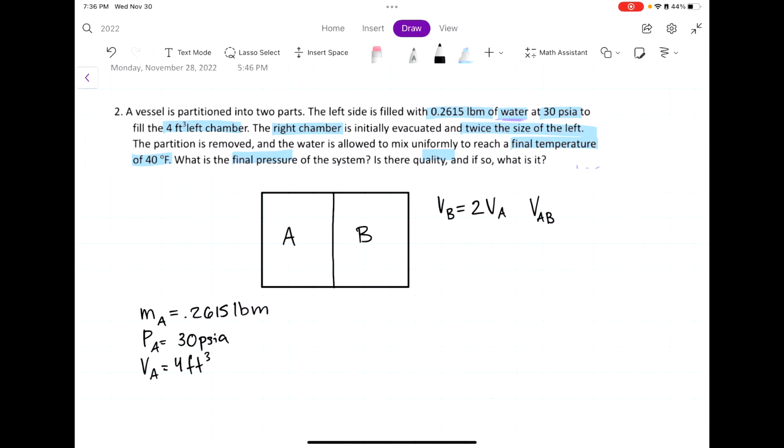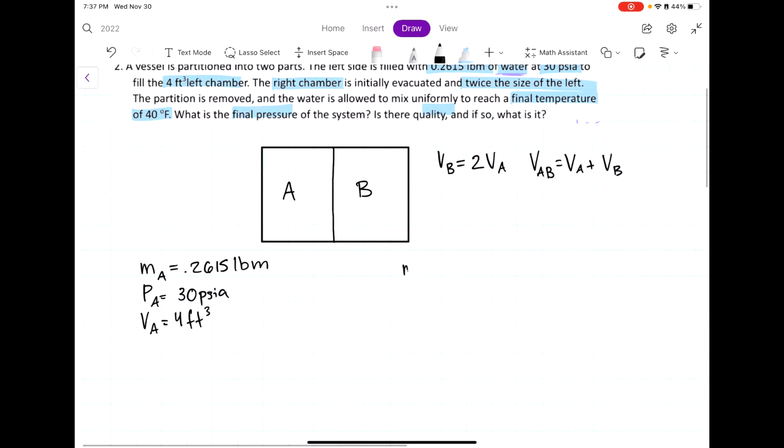Because the partition is being removed, allowing water to penetrate and mix uniformly, would be the volume of A on the A side plus the volume of the B side. Alrighty.